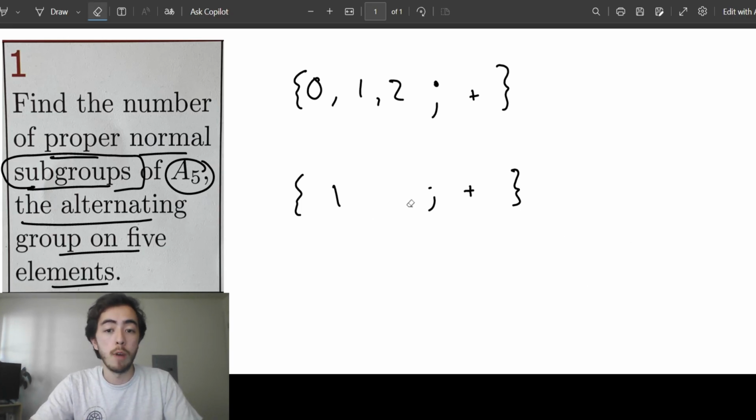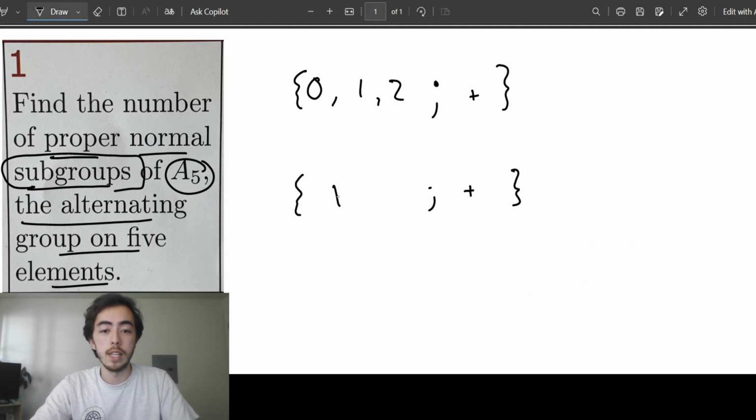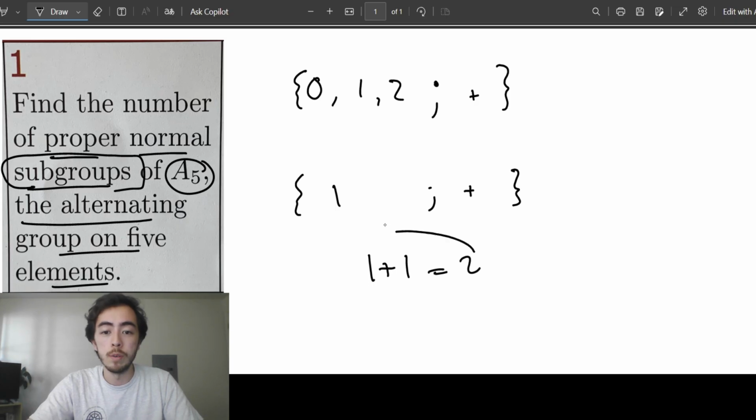One example of a proper subgroup would just be taking this 1, I think. Actually, no, never mind, because then I can compose 1 and 1 and get 2, and so I'd have to stick 2 in there. And then now I have 1 and 2, and so I'd have to stick 0 in there again.